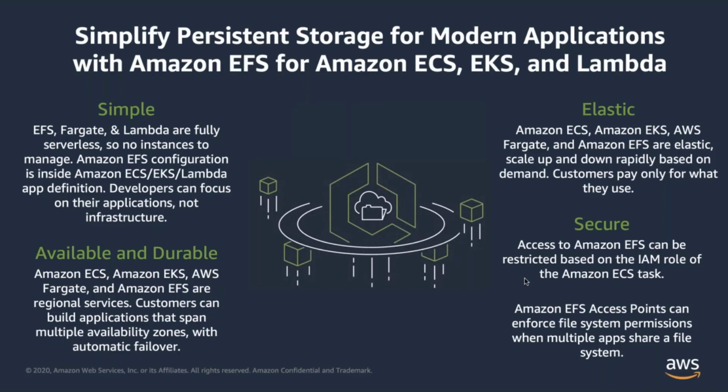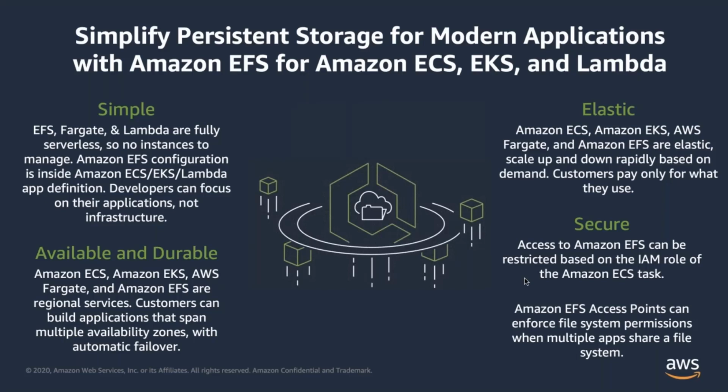Next, the availability and durability benefits stack with these services because they're consistent from service to service. So Amazon Elastic Container Service, Elastic Kubernetes Service, and EFS are all regional services, which means when you deploy an application using one of these services and that application uses EFS, you don't have to worry about which availability zone that application runs in.